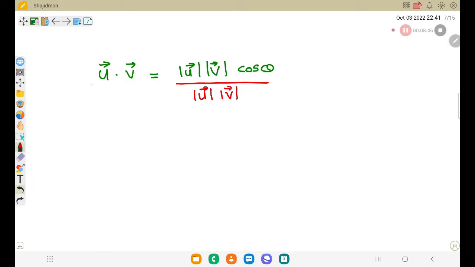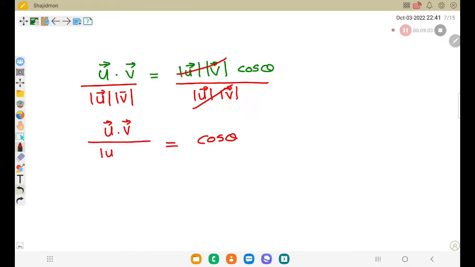This is just for your understanding. So this we can cancel here. What is the balance? We get cosine theta equals u dot v divided by absolute u multiplied by absolute v, correct?